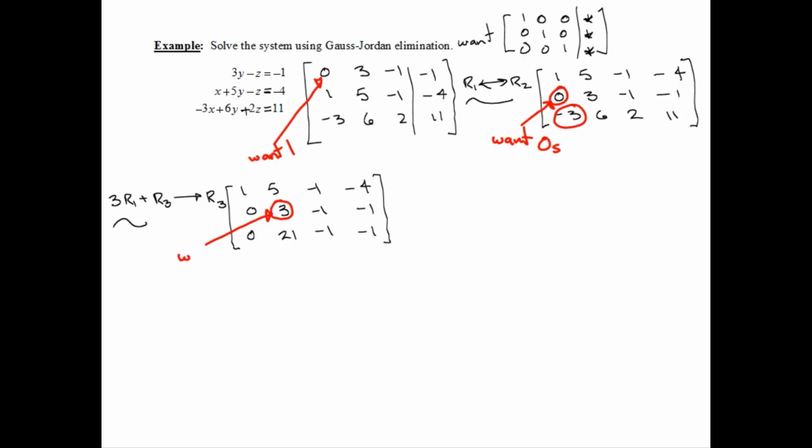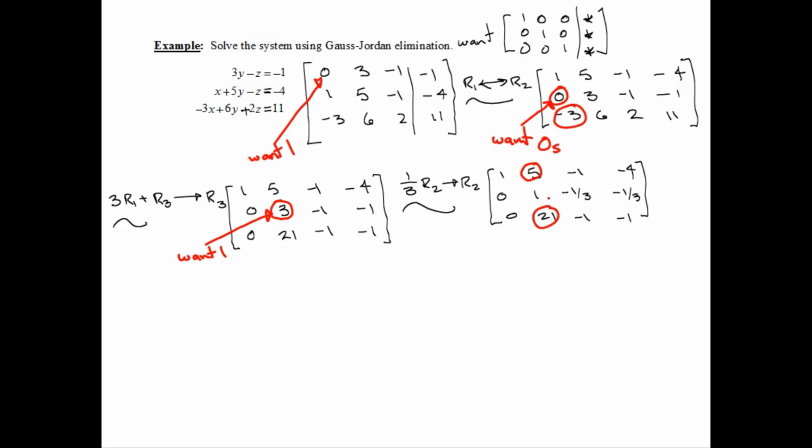So we want to get this into a 1. So as usual, we will multiply that row by the reciprocal. So that'll be 1/3 times row 2. Okay, now we need to get zeros here and here.